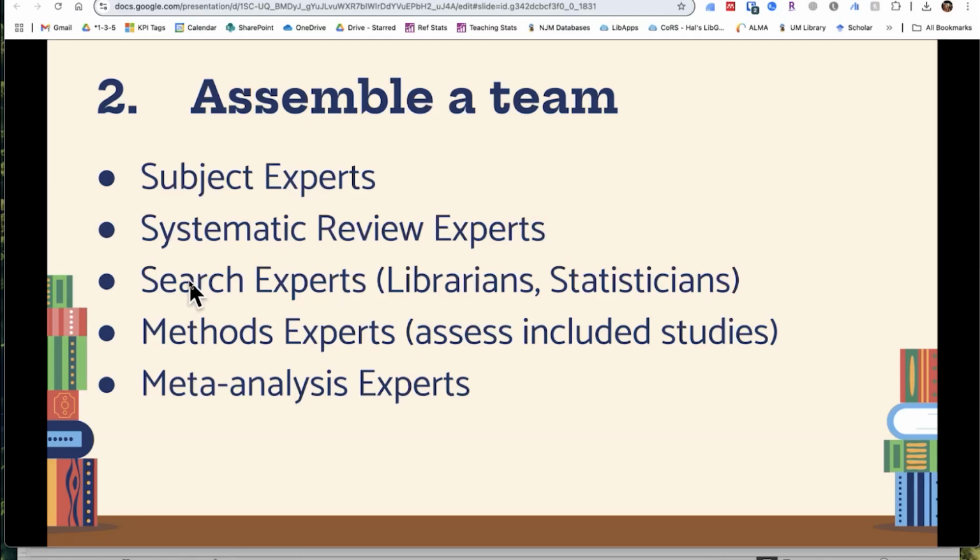Then you would bring on different experts, so librarians or statisticians. You may have methods experts, and then you may have people who are experts, say, in meta-analysis. All of those are often the statisticians. So all of those people come together and they each contribute different things to the review, but it's not uncommon to see very long author lists when you are looking at a published systematic review.